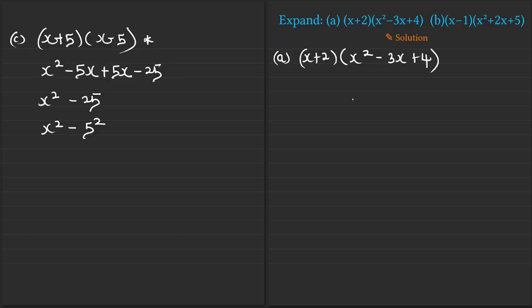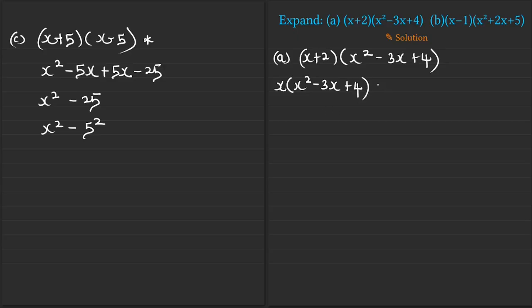So it is the same procedure. Each term in this binomial should multiply the bracket. So x should multiply the bracket, 2 should also multiply the bracket, so that we have x into bracket x squared minus 3x plus 4.